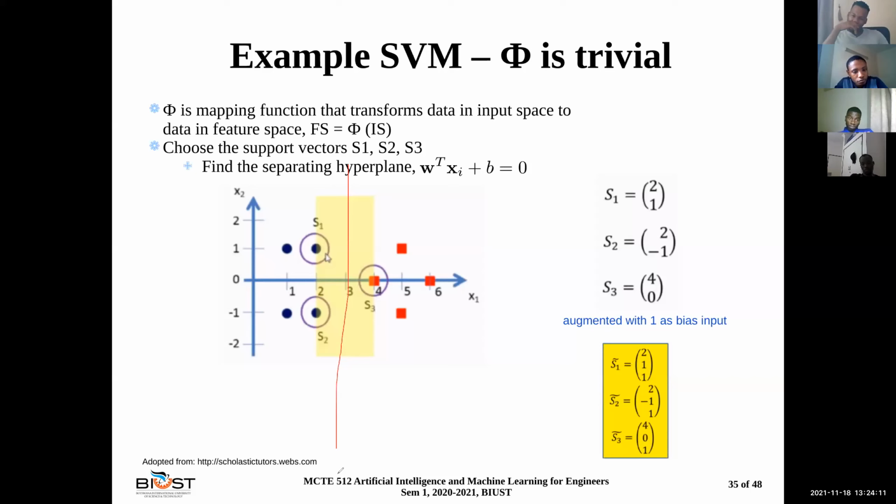So this is the feature space, and this is also our input space. They're the same. And so the function does not do anything. Whatever you give it, it outputs the data as it is. That's why it is trivial.